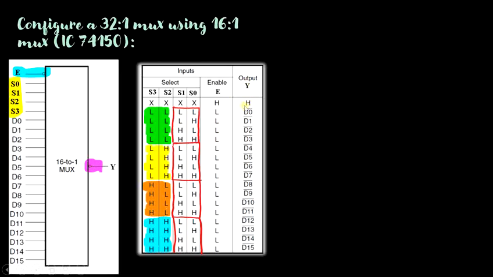Otherwise, the output would have been 0. But here it is showing H, that is active high, mainly because there is a complement at the output side. Now, depending upon various combinations of your select inputs and your enable being active low, your output will range from D0 to D15, but you should see to it that it is complemented, because the output is complemented in this particular case. So you can see that D0 to D15 is obtained in the form of the complement.